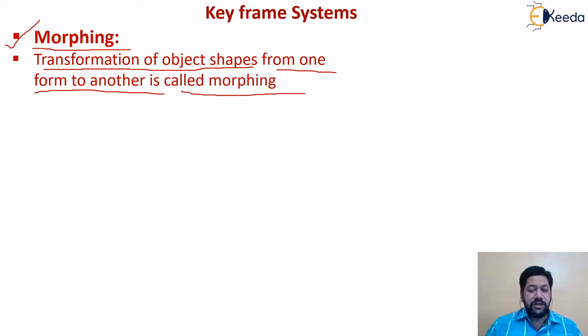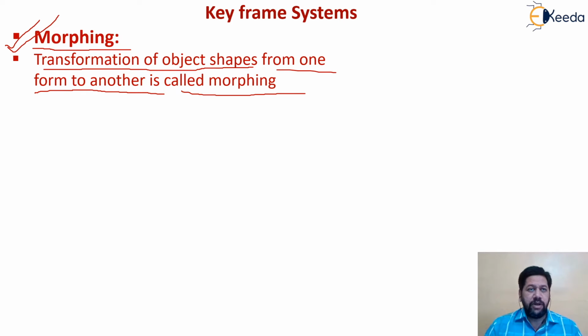During this change, this movement, I want to show that the object is moved from one shape to another shape, and this is known as morphing. I repeat, morphing is the transformation of object shapes from one form to another form, and we have to show that transformation.